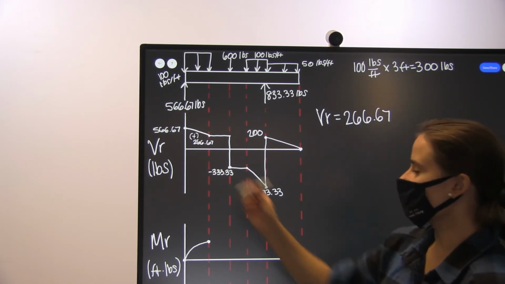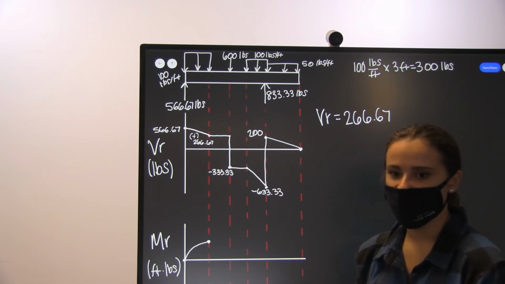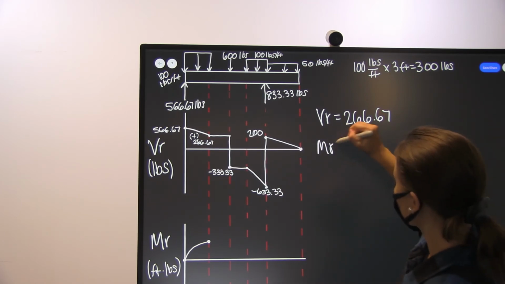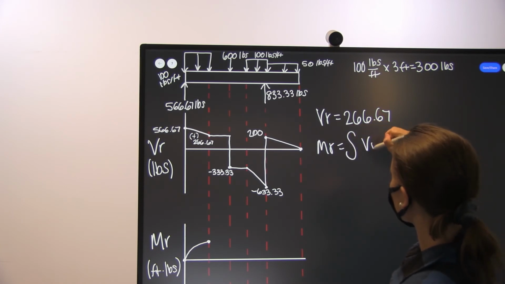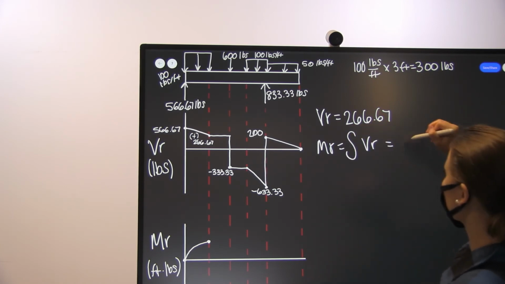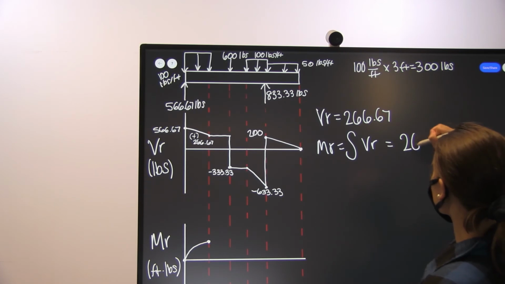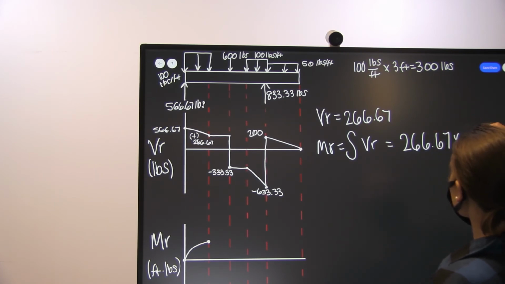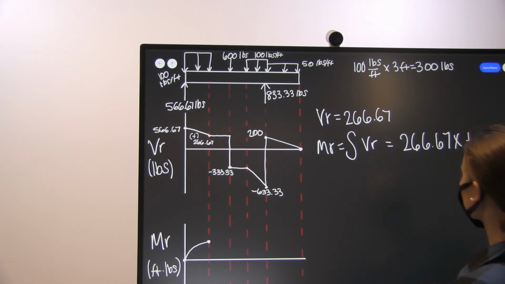That's all it is. It's a straight line at 266.67. There's no slope. So for a moment, we're just going to take the integral of that, which ends up being 266.67x plus c, right? Plus c.